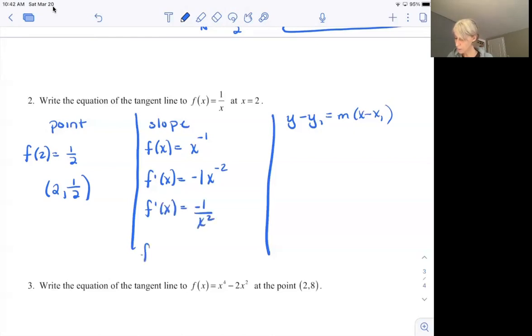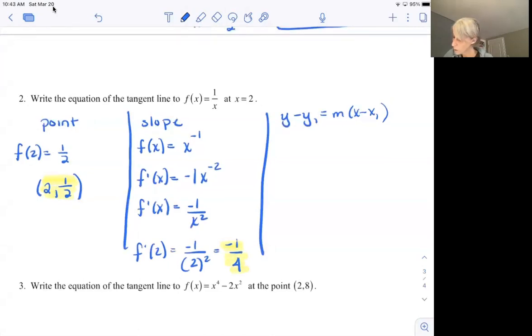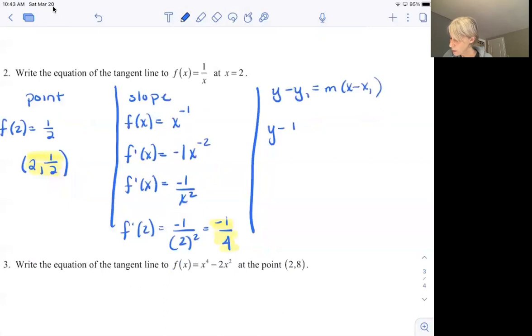Then plug in 2. I'm going to take my point and my slope and substitute them into my point-slope formula. y - 1/2 = -1/4(x - 2).